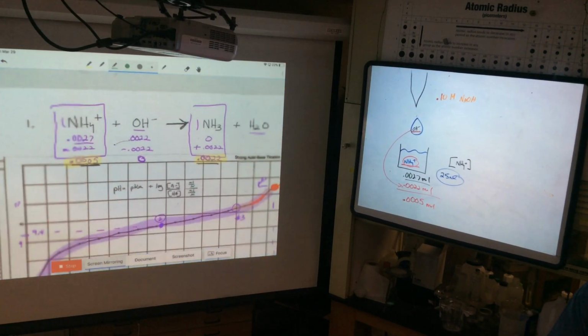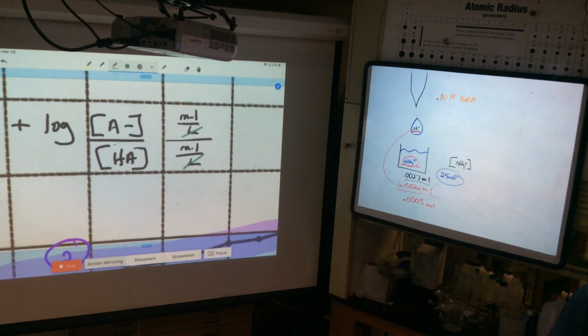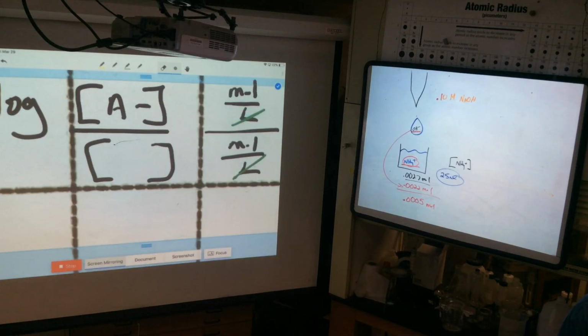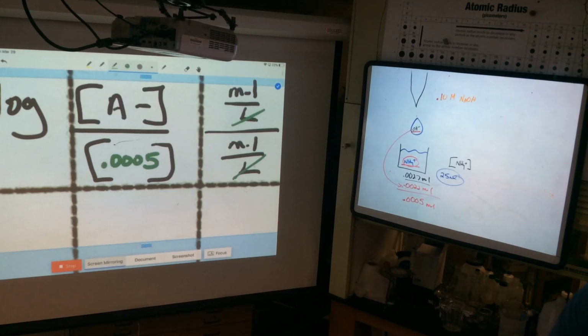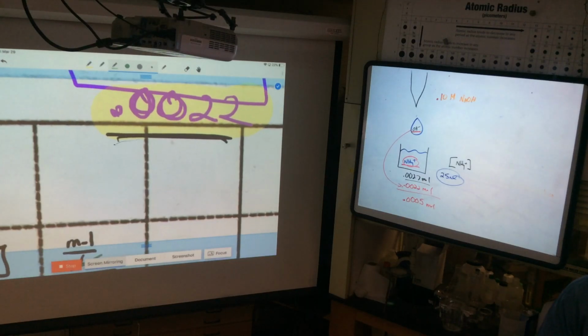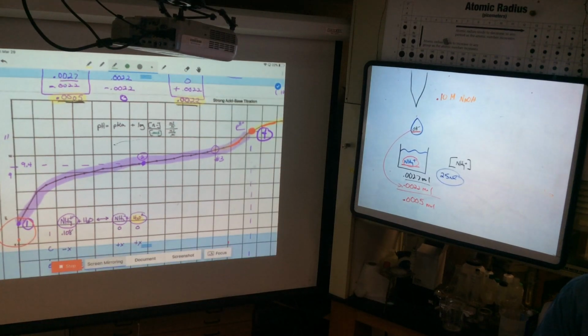So what do we have? 0.0005, that's for the conjugate acid, my HA. And what was the conjugate base? 0.0022. Notice there's a lot more conjugate base. Of course there is, because as we've used up most of the acid going this way, we've created a lot more conjugate base.